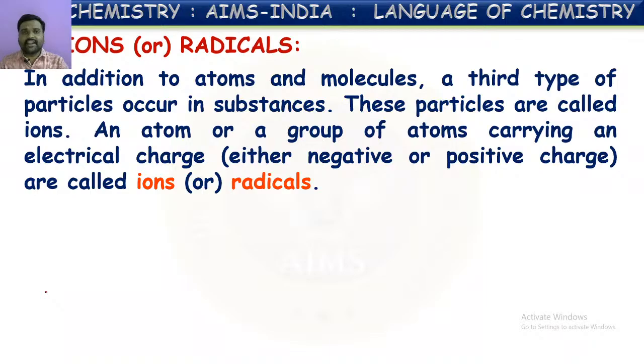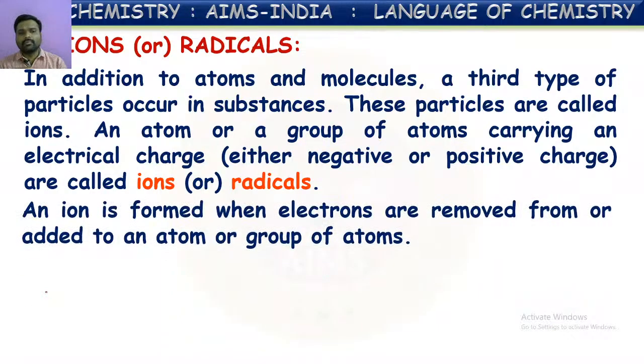In addition to these, there is one more kind of particle which we call ions or radicals. An atom or group of atoms carrying an electrical charge, either positive or negative, is called an ion or radical.